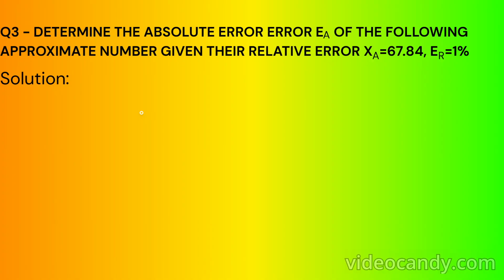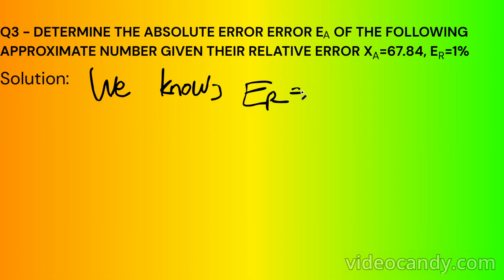Okay, the next question is determine the absolute error EA of the following approximate number given their relative error: XA equal to 67.84 and ER equal to 1%. Solution.